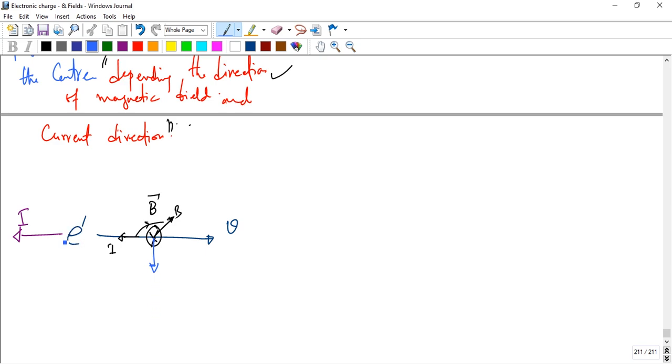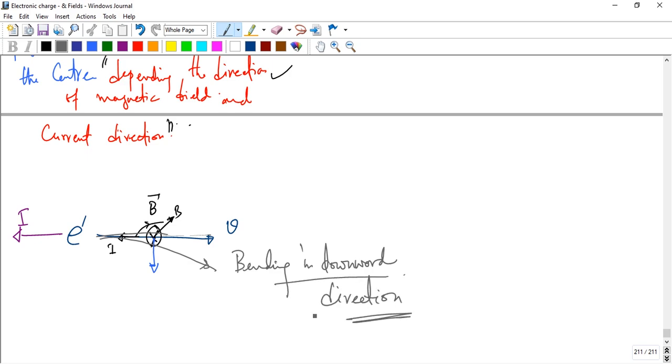Now the charged particle, the electron, does not go on a straight path. Now it slides, bending in the downward direction. Now if the magnetic field is a dot, suppose in that direction, obviously the current is in that direction.